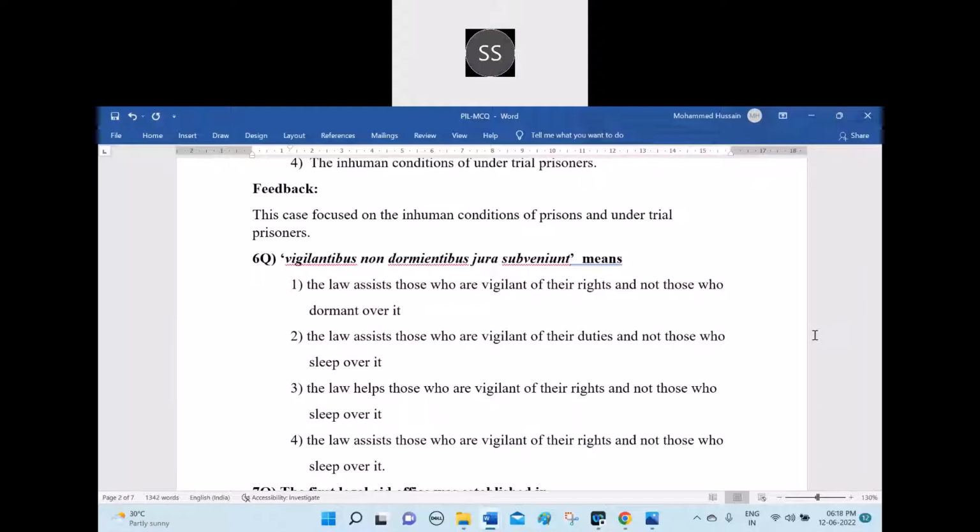Second, the law assists those who are vigilant of their duties and not those who sleep over it. Third, the law helps those who are vigilant of their rights and not those who sleep over it. Fourth, the law assists those who are vigilant of their rights and not those who sleep over it. Which one is the correct answer? Equivalent in English.